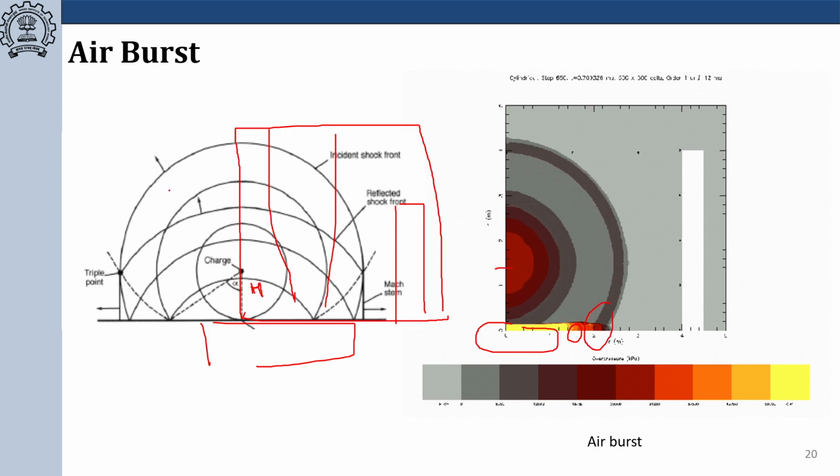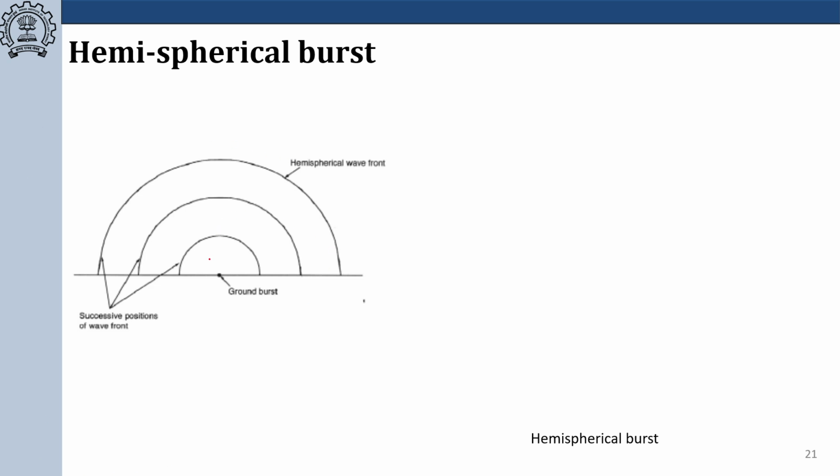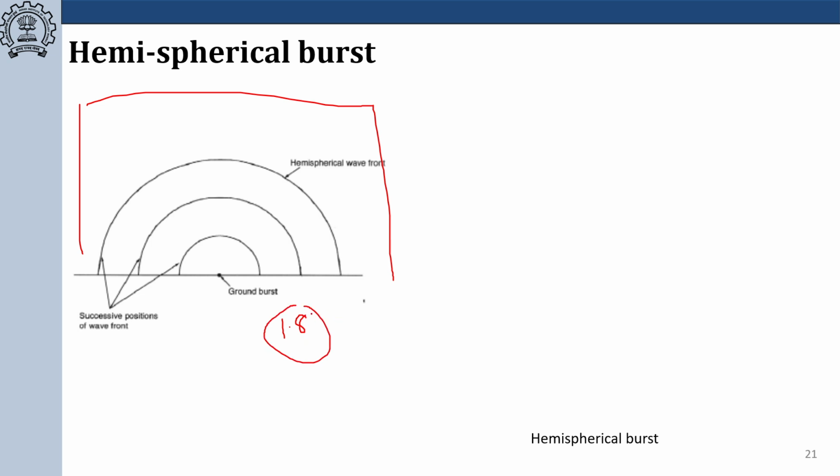And coming to the hemispherical burst, the charge is 1.8 times my free air burst charge. So say your explosion occurs with 1000 kg, then I will be using a factor of 1.8 to simulate the hemispherical wave, and here I can get the perfectly hemispherical wavefronts.